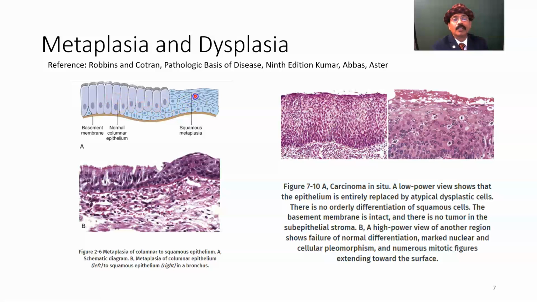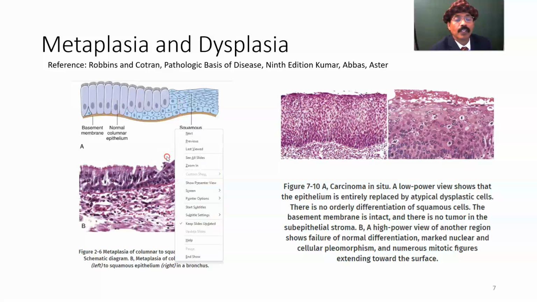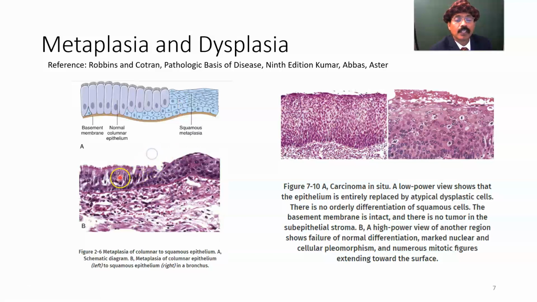This may happen in the respiratory system, in the bronchi. We'll get these changes in a patient who is a smoker. He is prone to develop lung cancer or any cancer; esophageal cancer is also possible. Here we are seeing the pseudostratified columnar epithelium converted into the stratified squamous epithelium.